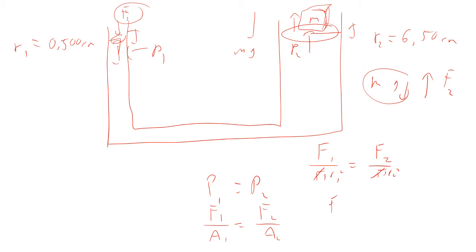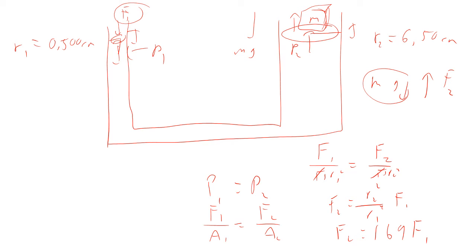So F2 is going to be R2 squared over R1 squared times F1. If I plug in the numbers that I have there, 6.5 for R2 and 0.5 for R1, then what I find is this is 169 F1.